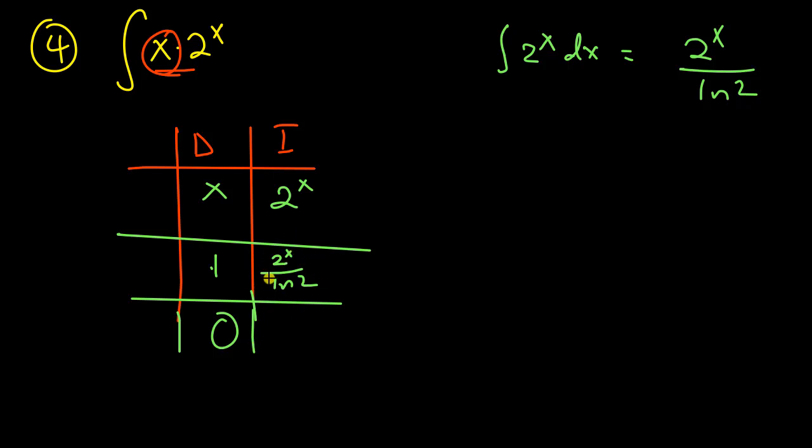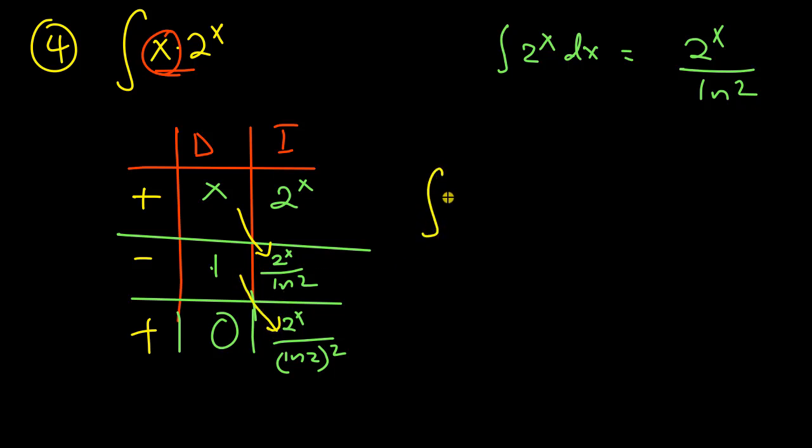If we integrate this again, that's going to be 2 to the power x again divided by natural log of 2, all this squared. Alright, one more step. We have to put signs here: plus, minus, plus, alternating signs beginning with plus, and then we multiply the adjacent columns.